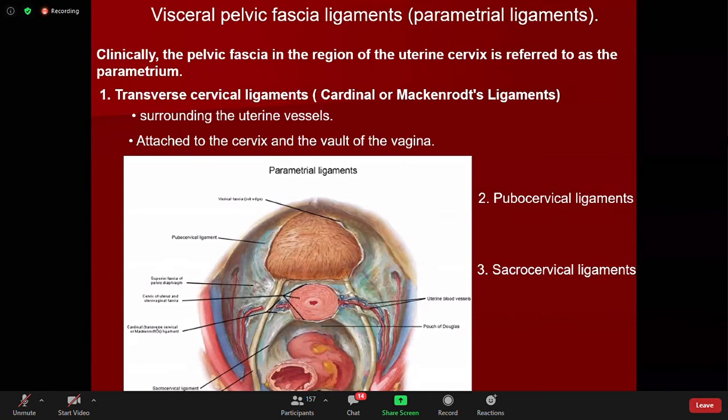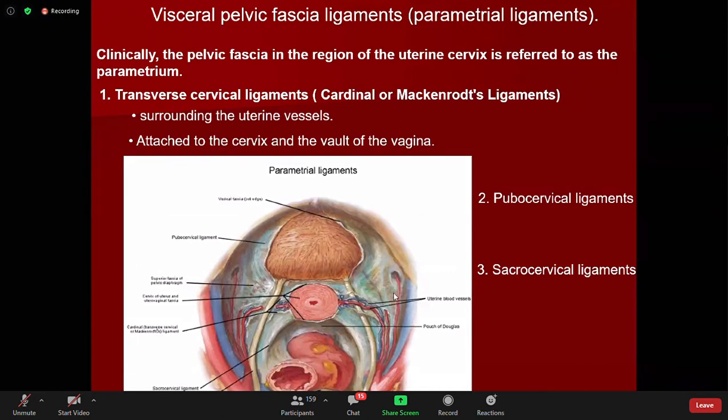So the patient will come with anuria, they cannot urinate. Okay, so this is one of the common complications of hysterectomy, or removing the uterus. Okay, and you have to remember which one passes under which.